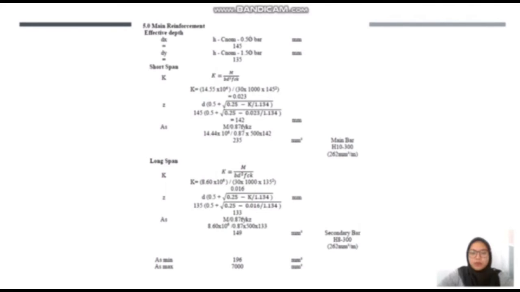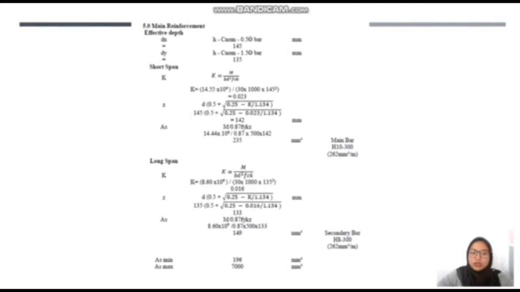And so based on the As, we need to determine the bar on the table that provides reinforcement. So we get main bar H10 with 300 distance, and this means in table 262 mm square per m.